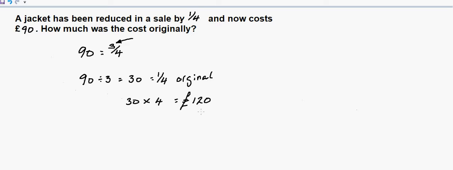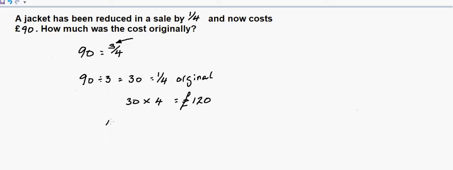Now, just to prove it's true, if the jacket costs £120 and they've reduced it by a quarter, to find 1/4 of £120, I divide this by 4.